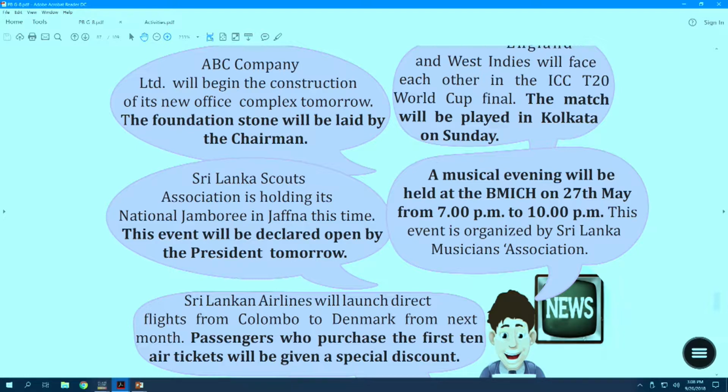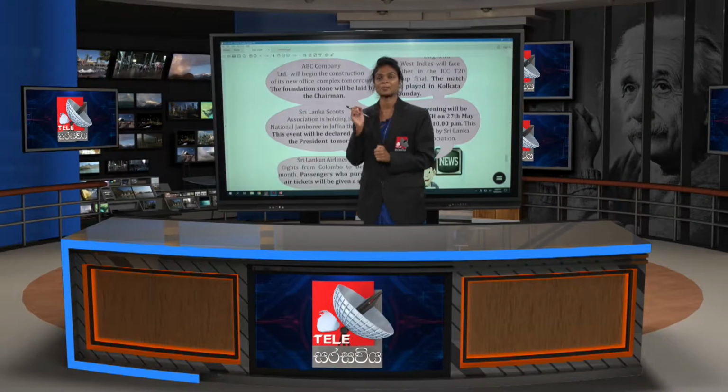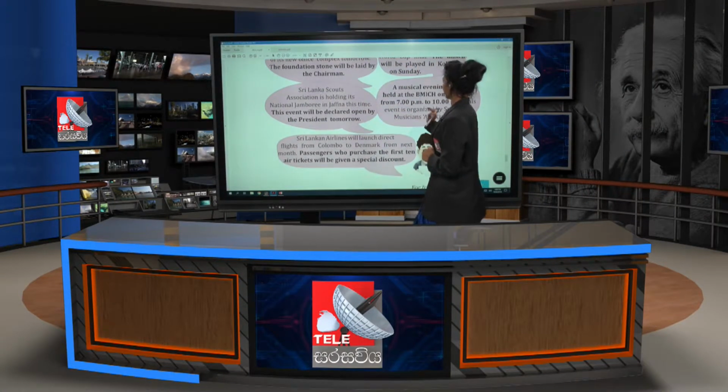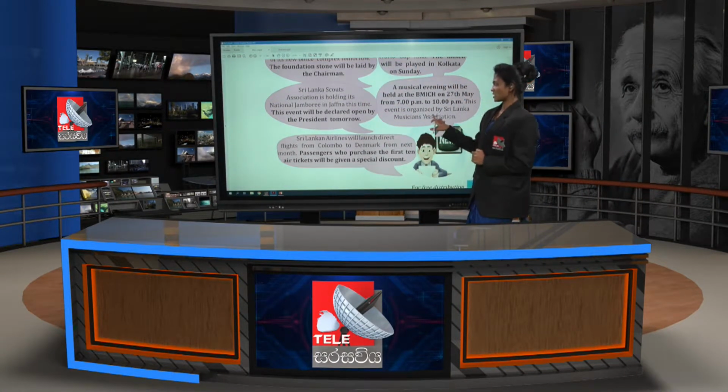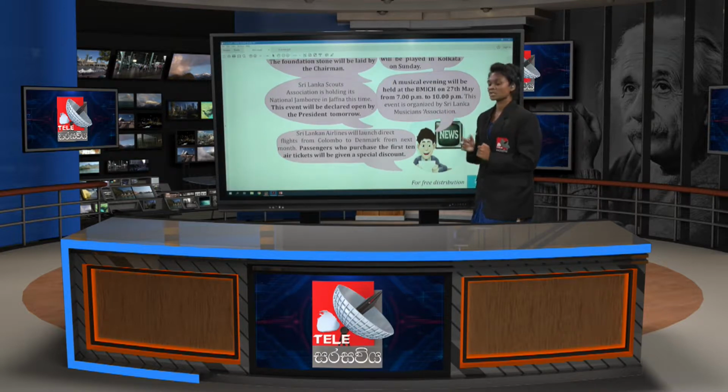This event will be declared open by the President tomorrow. Then we will move to the fourth one. A musical evening will be held at the PMICH on 27th May from 7 a.m. to 10 p.m. and this event is organized by Sri Lanka Musicians Association.